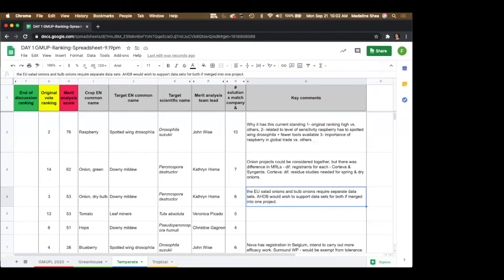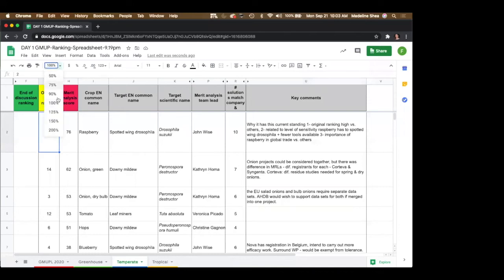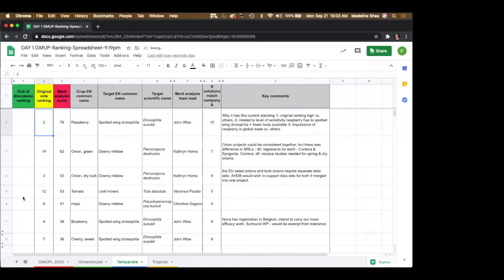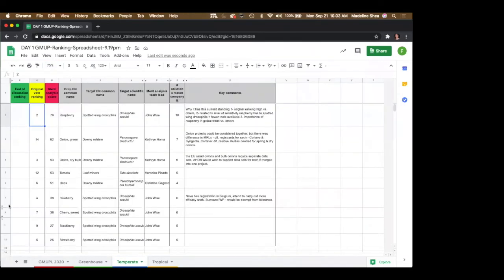Let's look again, everybody, at our spreadsheet. I wish that I could see the entire spreadsheet. Some of it falls below so that we can't see all the crops. I would rather see all the projects than all the comments at the moment. Okay, here we go.